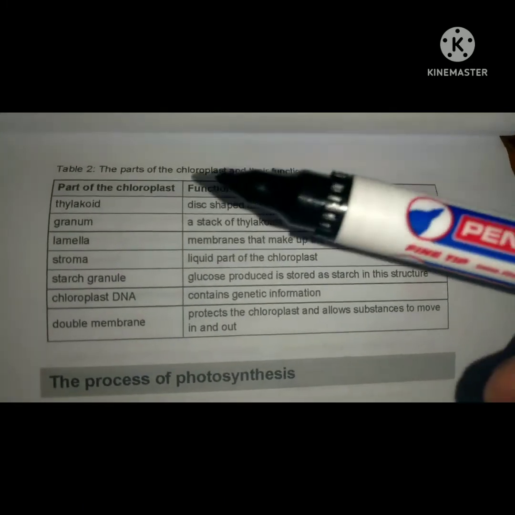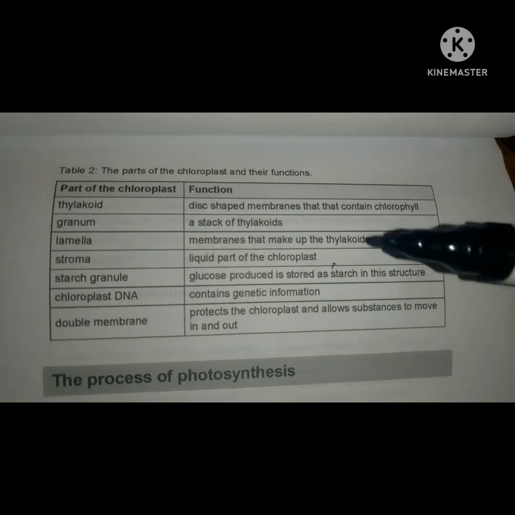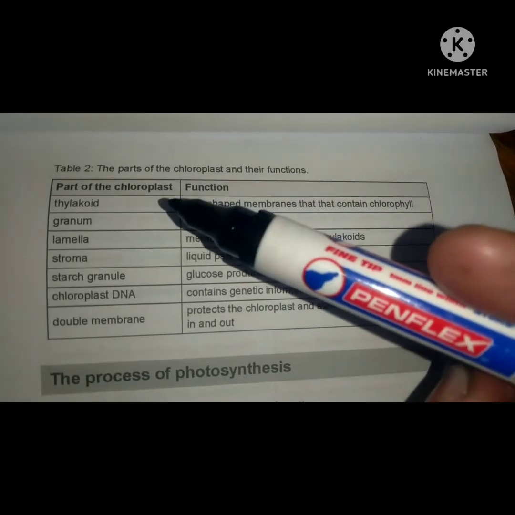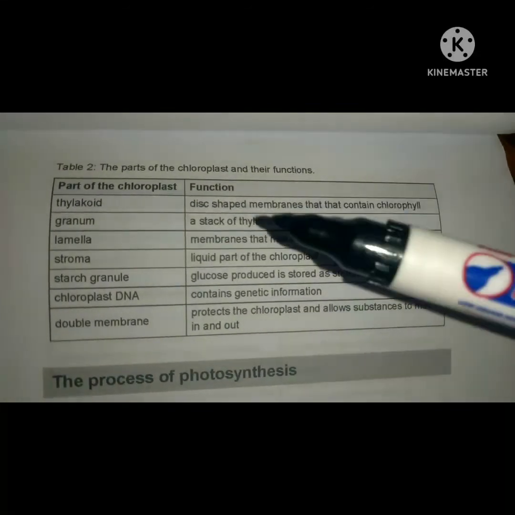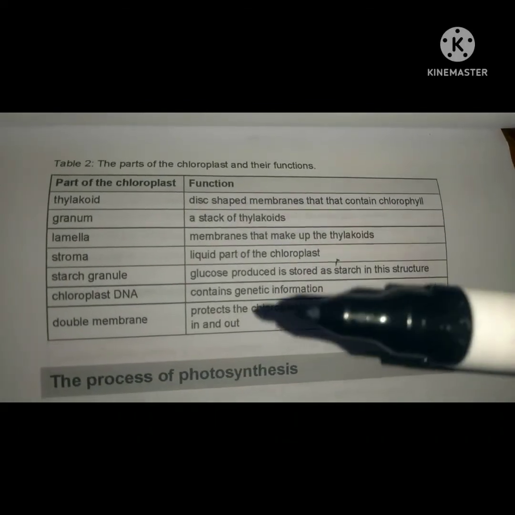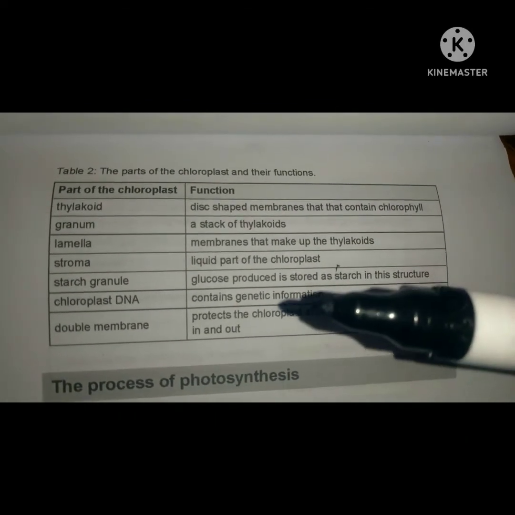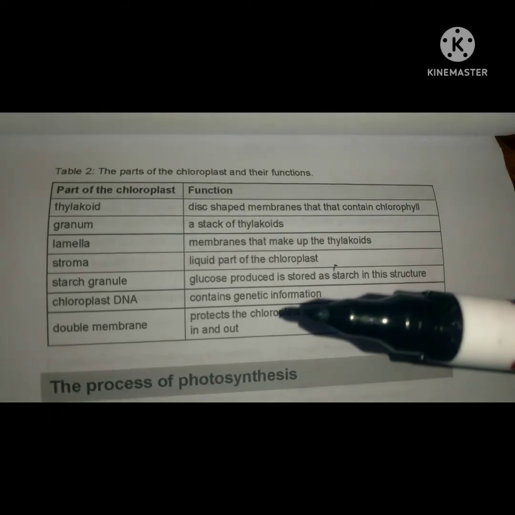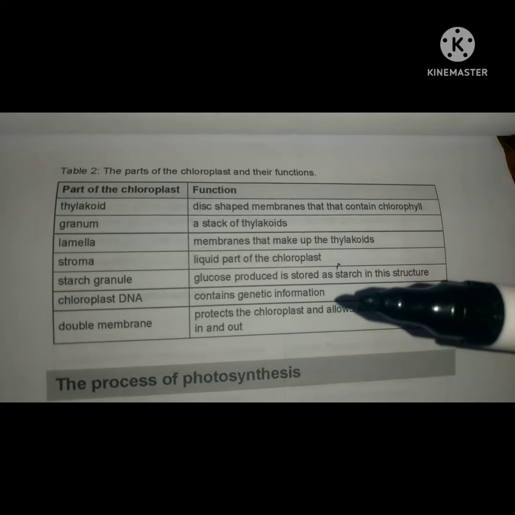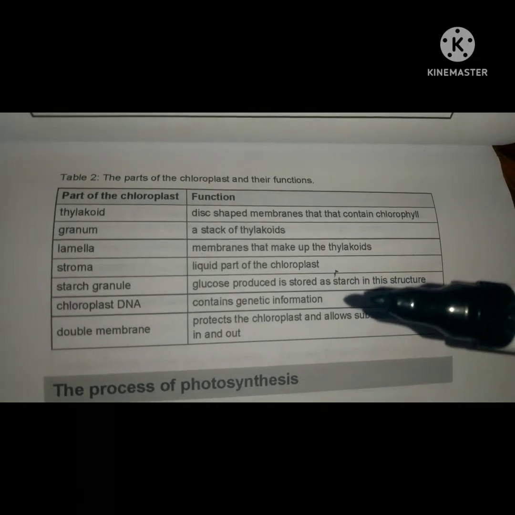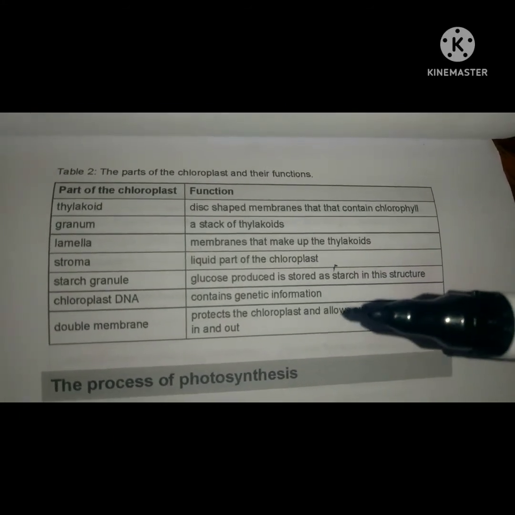So let's look at the parts of the chloroplast and their functions. So we see the thylakoid, as we had identified what the thylakoid is. It's disc-shaped membranes that contain chlorophyll. So chlorophyll is basically the main requirement for photosynthesis.